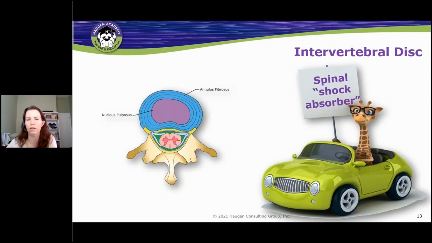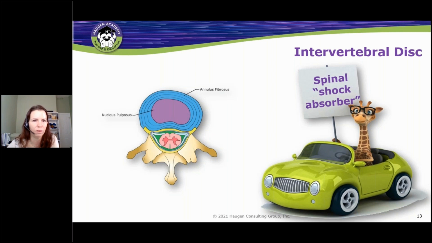So we're going to go on now and talk about the intervertebral disc. We all maybe have heard the term, but it is your spinal shock absorber. It lies, as I said before, between the vertebral bodies, and there are two components of your intervertebral disc.